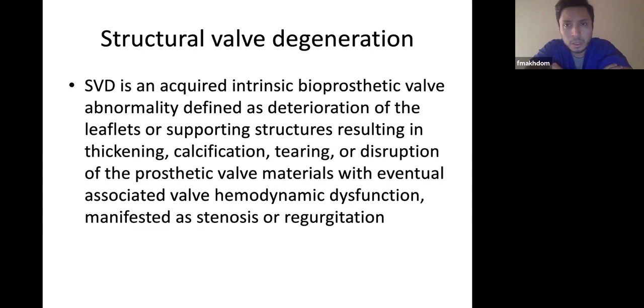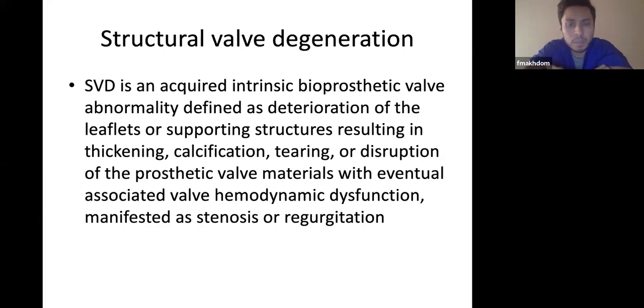Structural valve degeneration is usually an intrinsic problem with the leaflet, whether it's a stentless or stented prosthesis, or a sutureless or transcatheter prosthesis. So all kinds of biological prosthesis can now have structural valve degeneration.